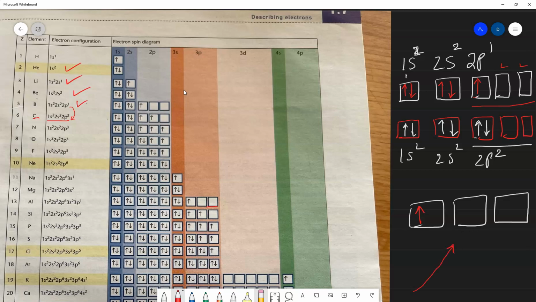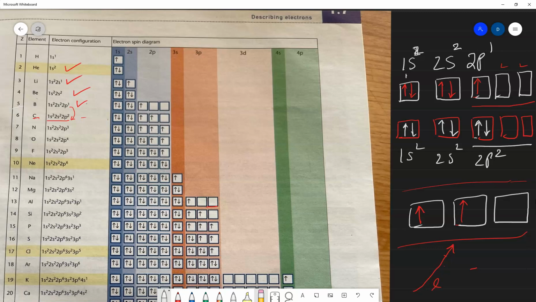A new electron going into this same p subshell sees there is already one electron here, and because 2 electrons have the same negative sign, they repel each other. So it always tries to go to a place where there is no obstruction. This new electron will go here. That is why you can see the 2 electrons in the p subshell are one here, one there. You can't put both here, because the logic is that the electron always tries to get into a place where there is no repulsion or obstruction.